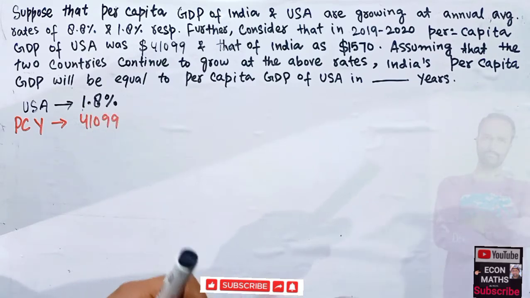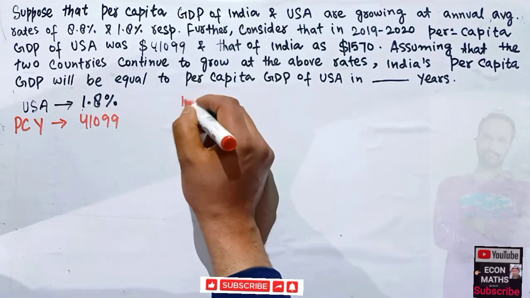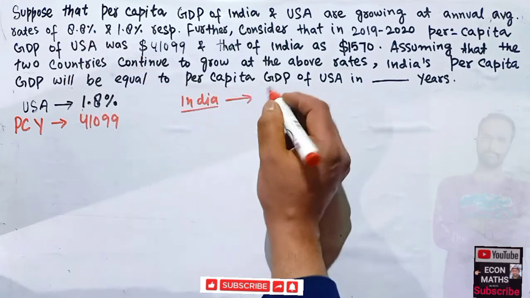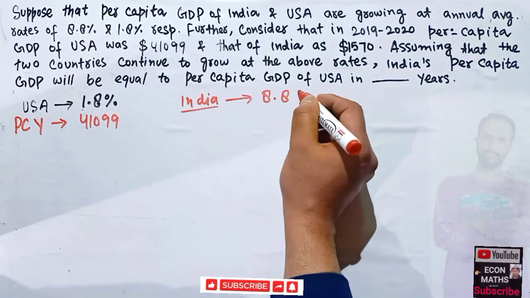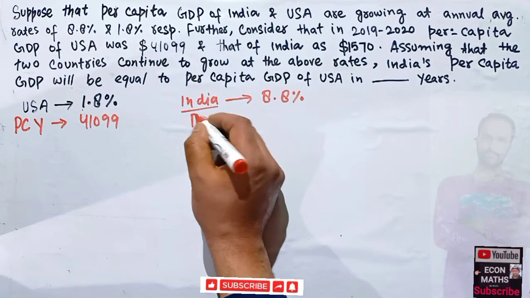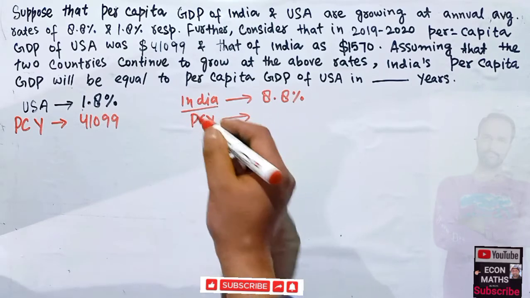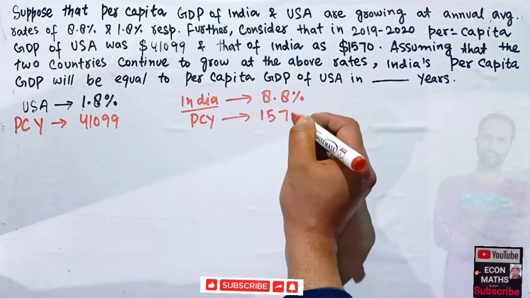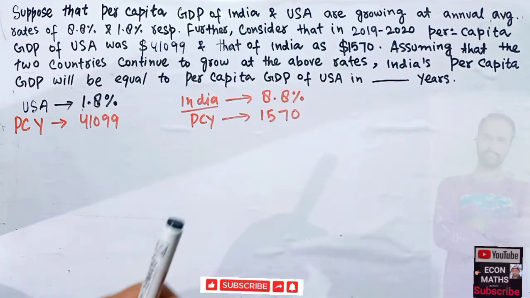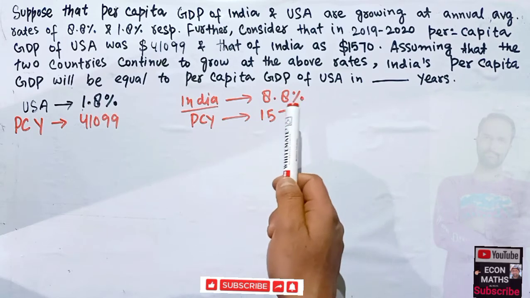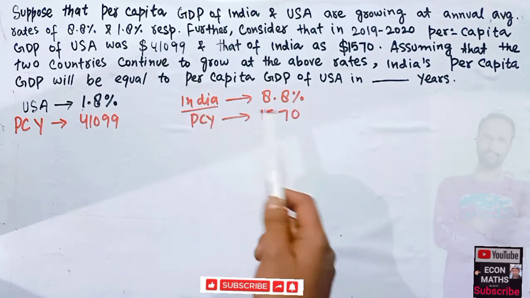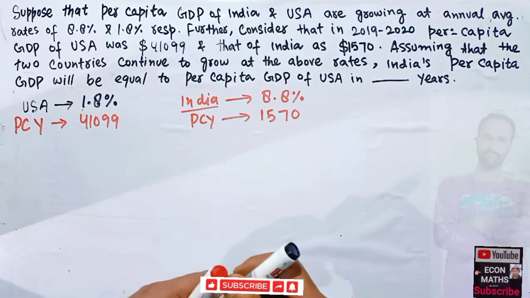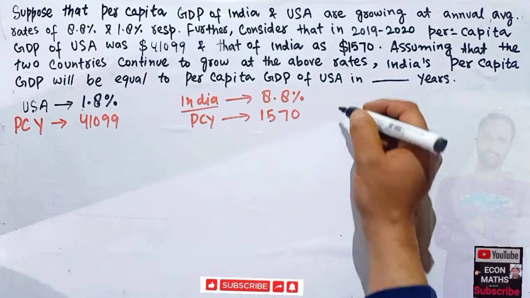And similarly for India, we are being given the growth rate as 8.8%, and per capita GDP or per capita income is equal to $1,570. We need to see after how many years the per capita of India will be equal to the per capita of USA. So for that, what will we write? Let us say after n years.